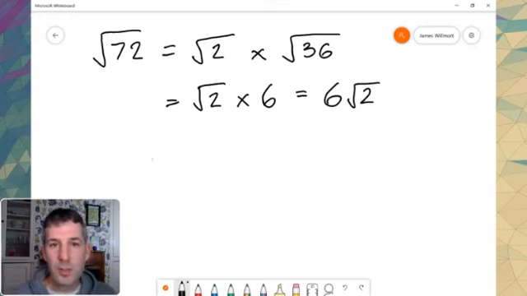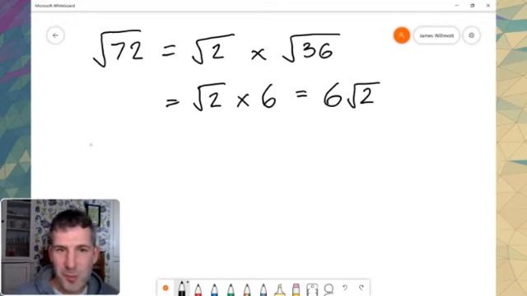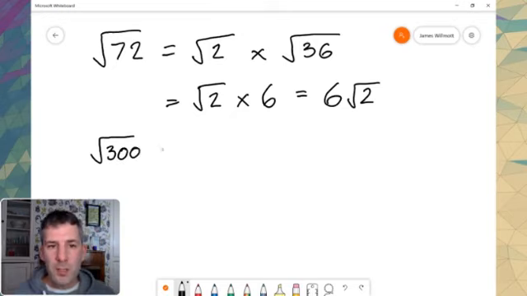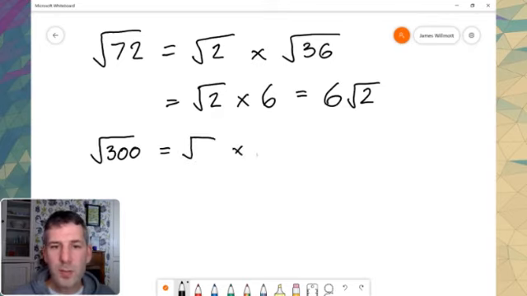I'll do 2 more examples of that, and hopefully that's been helpful. I don't want to go on for hours and hours, so I'll do 2 more examples, and I will leave it there. Let's say I want to simplify root 300. I want to break that down into factors. Okay, I want to do a square root multiplied by a square root.